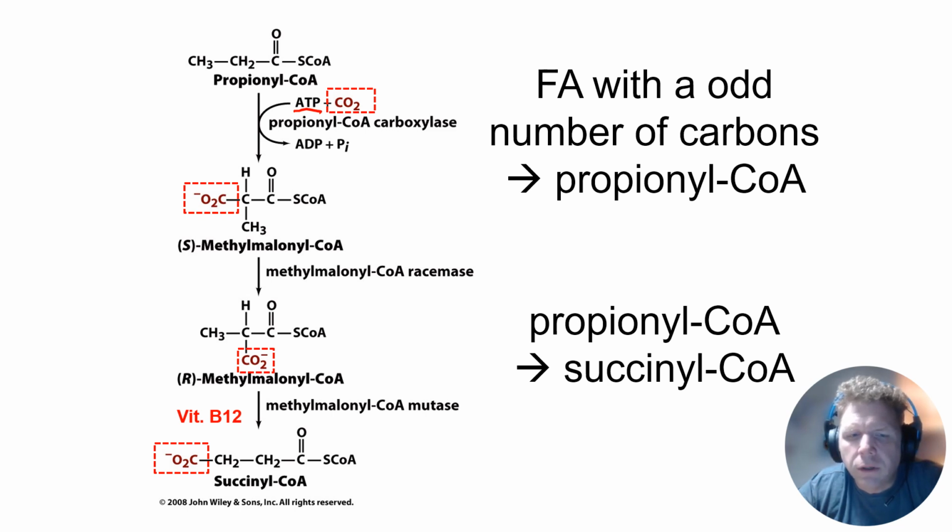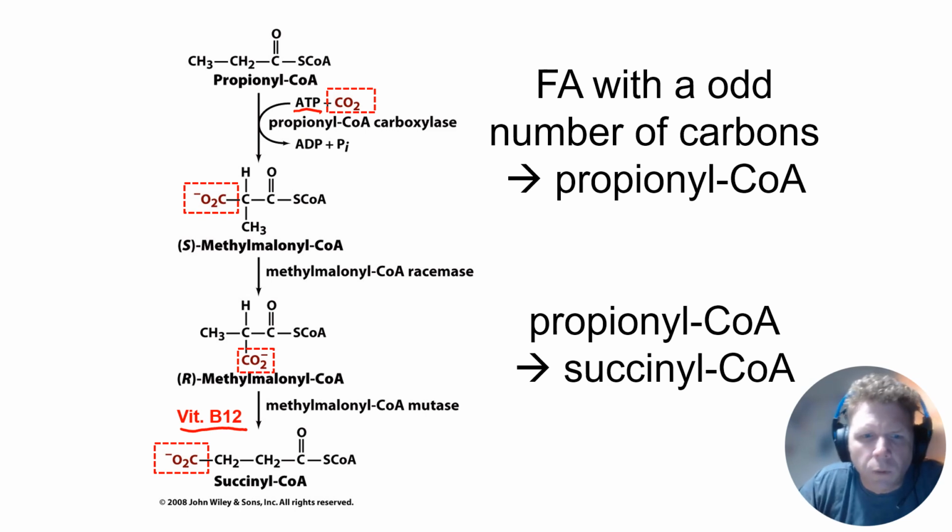That methylmalonyl-CoA mutase is going to rearrange these 4 carbons to make succinyl-CoA. Okay, now what it's going to use as a cofactor is vitamin B12. I believe that's riboflavin, if I remember correctly. So it's going to use vitamin B12 to do all of this.